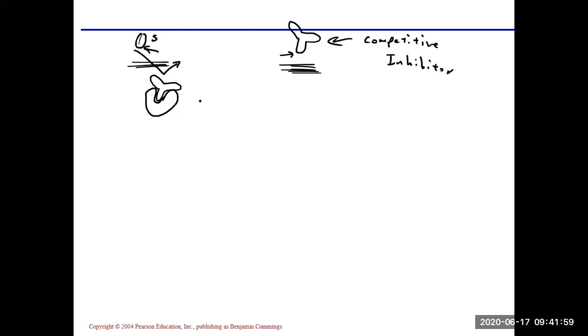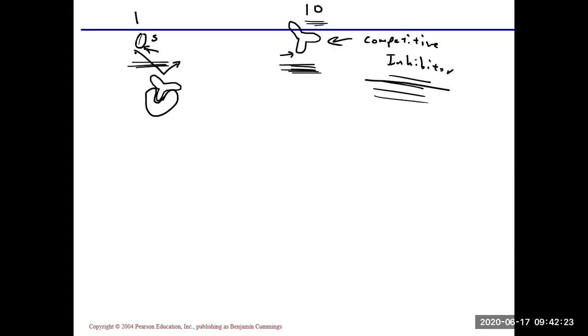They compete for the active site. So the more competitive inhibitor you have, the less product you will have. For example, if you have 10 of these but only one of these, there's obviously more probability for these to attach to the enzyme, so your reaction rate is not going to be as fast.